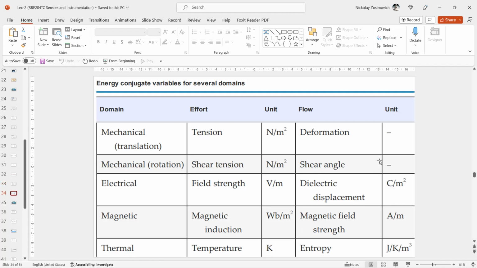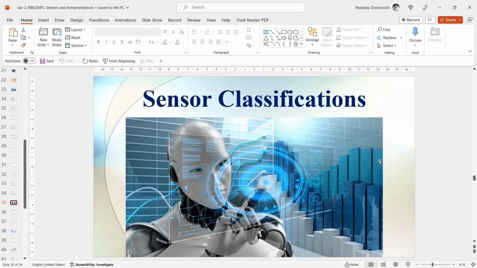Okay? A sensor or input transducer performs the conversion of information from the physical domain of the measurand to the electrical domain. Many researchers have tried to build up a consistent classification scheme of sensors encompassing all sensor principles. Such a classification of the millions of available sensors would facilitate understanding of their operation and making a proper choice.